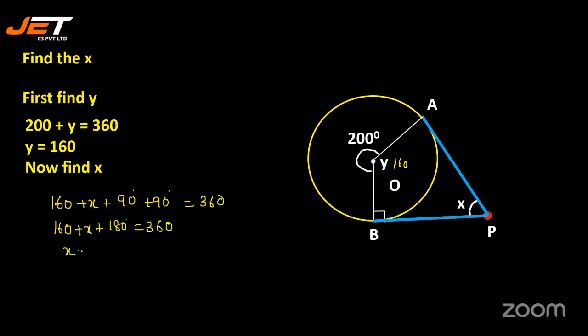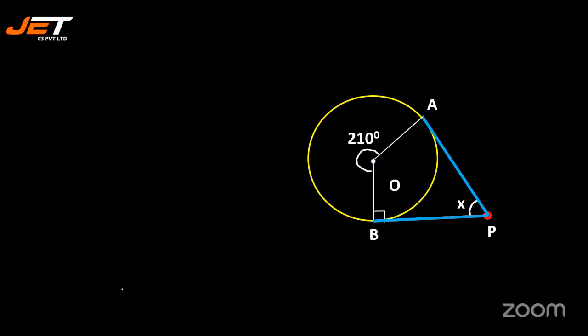So x becomes 360 minus 180 minus 160, which is 360 minus 340. So x will be 20. So this would be the value of x. Okay. All right.